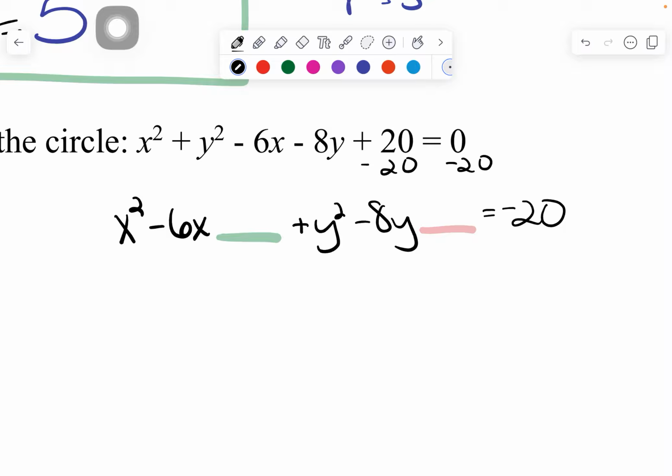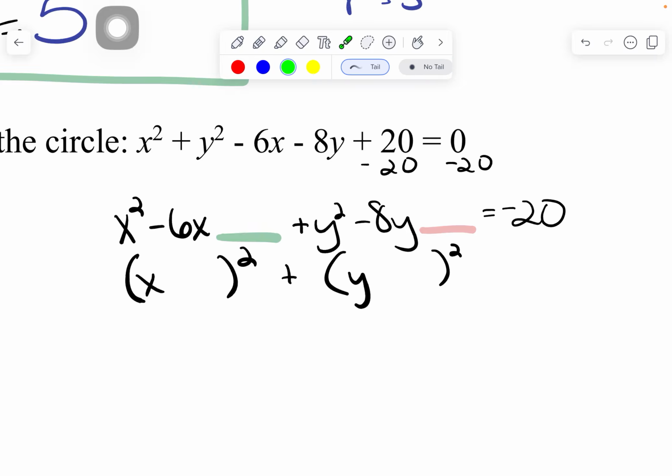Now, as I said, what I'm trying to do is to create something here squared and then something here squared. So this is going to be y, that's going to be x. And what I want to do is figure out what number can go here that will create this minus 6 in the middle here. And then whatever number this is, I've got to figure out how that goes here.